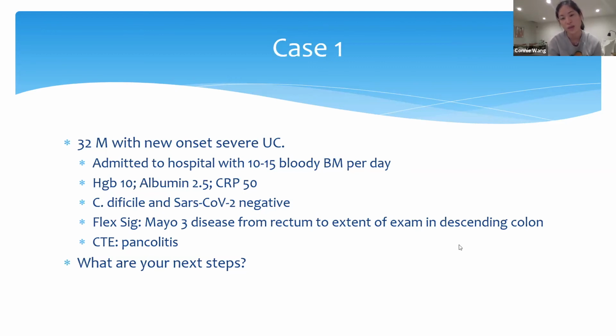Yeah. And then in anticipation of starting a biologic, you'll want to check hepatitis B studies. Don't have time for quantiferon probably, so have the medicine team place a PPD. And then, probably once the C. diff is back and negative, I'd feel comfortable starting this patient on IV steroids as well.